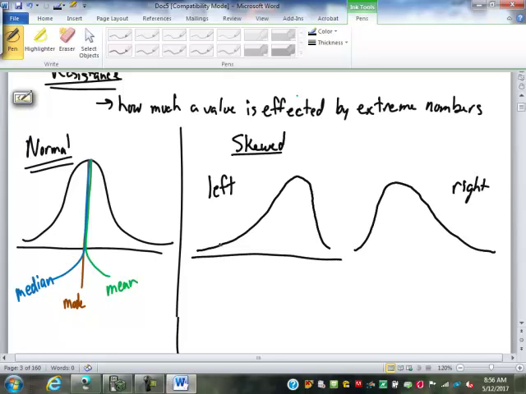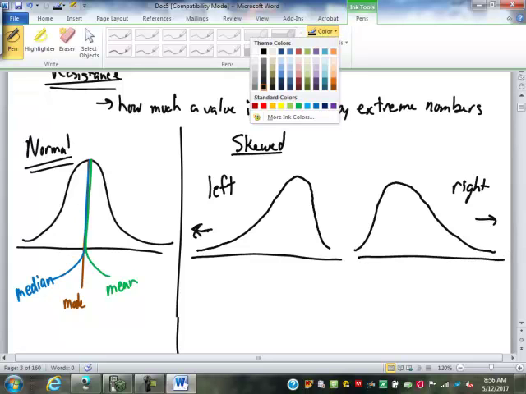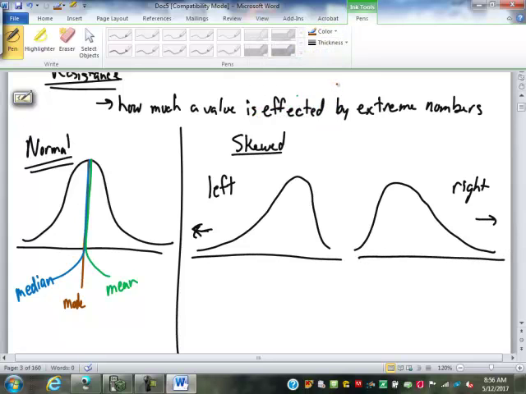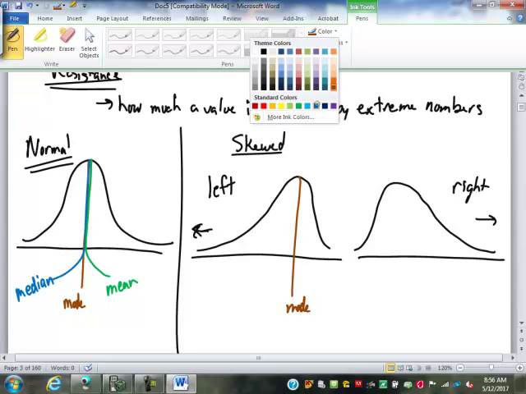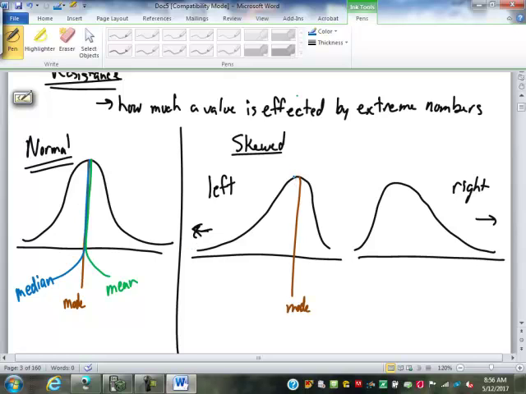So skewed left, basically they're taking the left side and they're stretching it out. The left end of that curve and they're stretching it out. Skewed right, they're taking the right end of that curve and they're stretching it out. The mode is still the highest point on that curve. Now the median, because there's more points out there, is going to move slightly to the direction of the skew. The mean could change a lot.